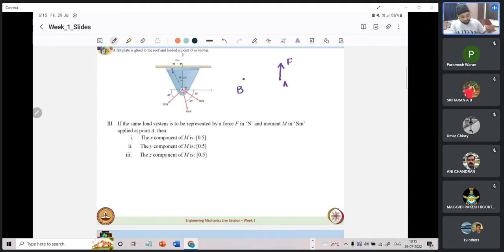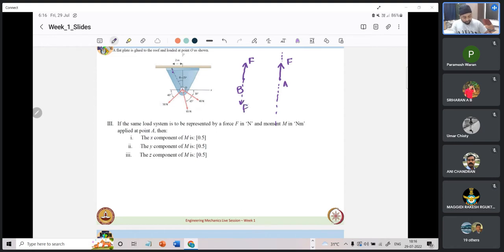Now if we were to transfer this force, force is a sliding vector. What does that mean? That it can slide along that line without changing the external effects to the body. But we cannot simply displace it out of the line without having to add something else. So if we were to place this force over here, we will have to put this force here, and then since initially there was no force here, we will also have to put a negative force there.